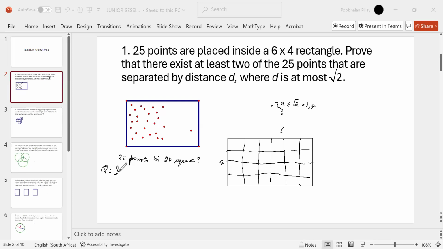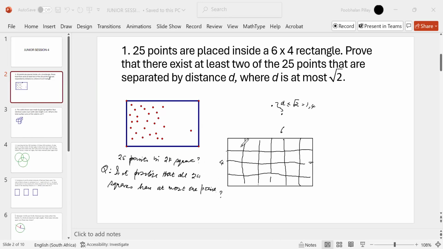Is it possible that all 24 squares have at most 1 point? Now, at most means it's either got 0 points or 1 point. It can't be more than that. The most number of points is 1. Is this possible?